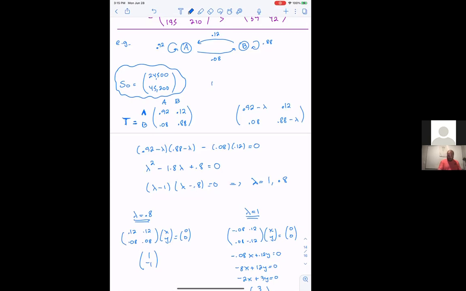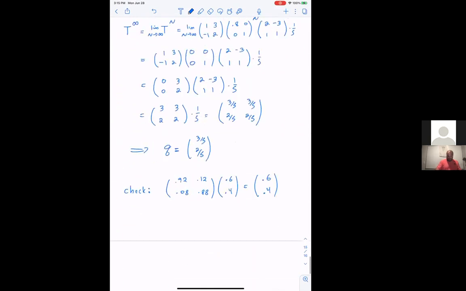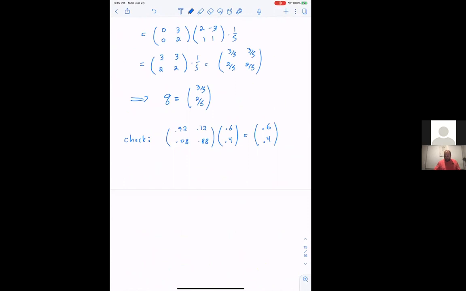So there's a total of 69,700 people, which means 3/5 of that will be in A. So steady state vector S infinity gives me 41,820 people in A, and the remaining 27,880 people are going to be in B.